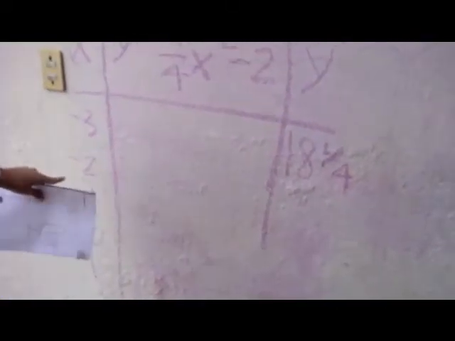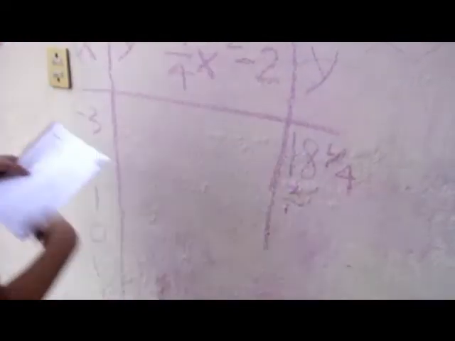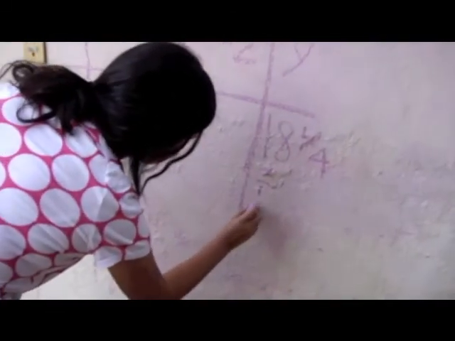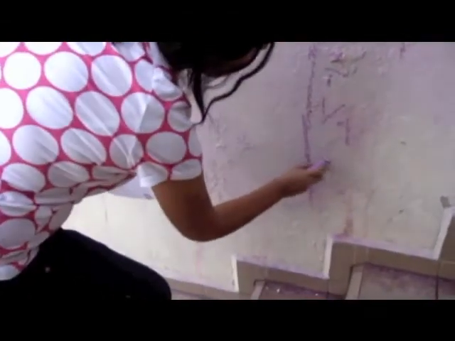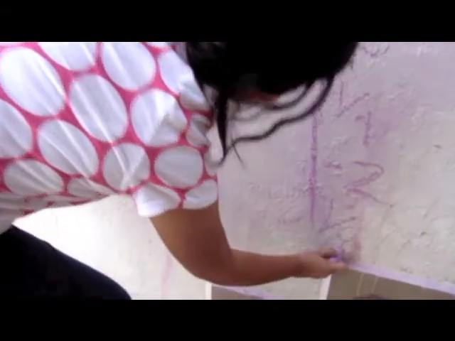You have to do the same with all of the values, and eventually you get, for negative 2, 7, for negative 1, 1/4, for 0, negative 2, and for 1, again 1/4. So we have the values for the first equation.